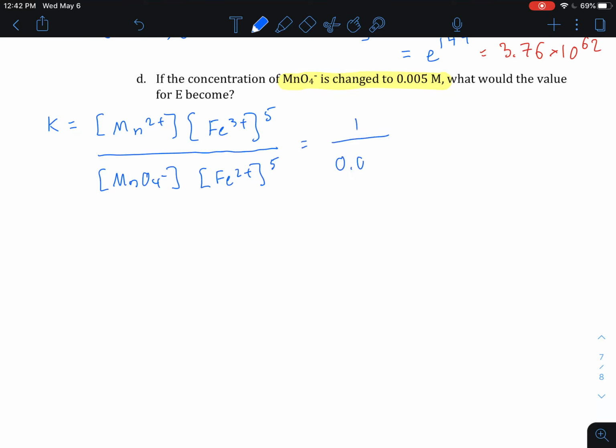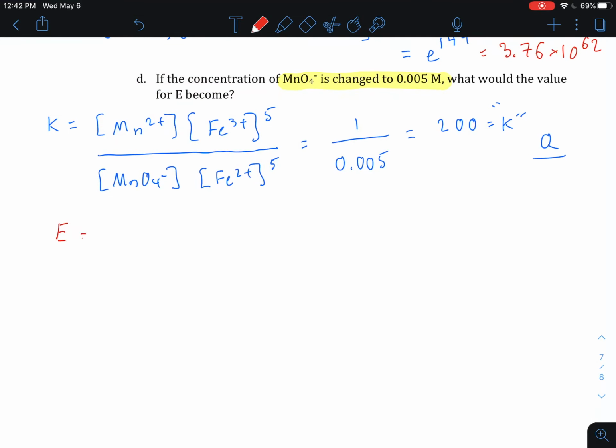And it's telling us about one change just to the permanganate. Everything else is going to be 1. So in this case, it means our equilibrium constant will be 1 over 0.005 because everything else stays the same, and that's 200. And that's K, but really this means it's our Q value.